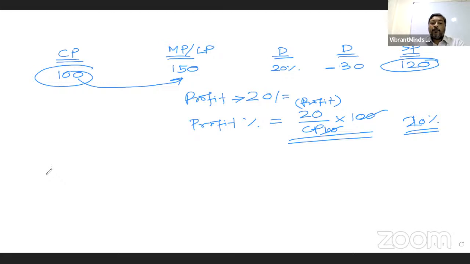So we are aware of this formula, profit percent is equal to profit by cost price into 100, loss percent is equal to loss by cost price into 100.